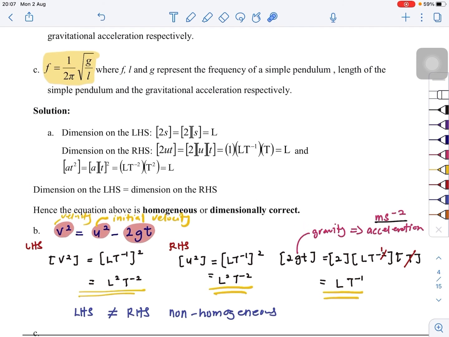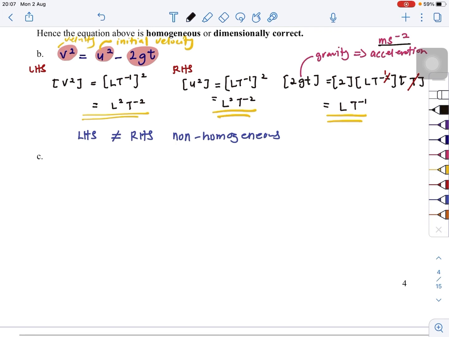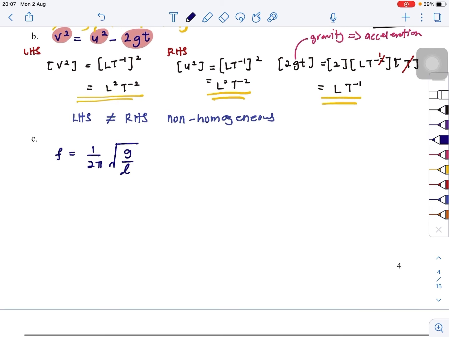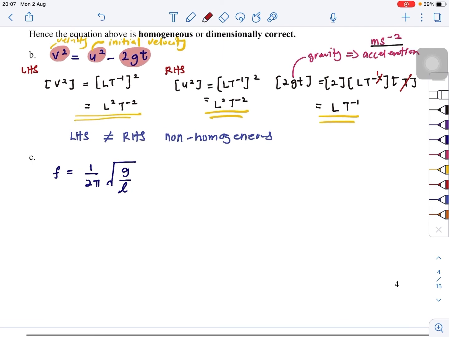Now we look at equation C pula. So equation C dekat sini, we have frequency is equal to 1 over 2 pi square root of G divided by length. So we have frequency is equal to 1 over 2 pi square root of g gravity divided by length. Okay, now dekat sini kita tiada tambah ataupun tolak.